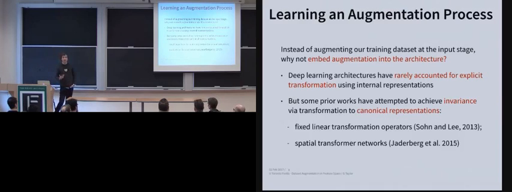It has been looked at a couple of times, most notably 2 years ago with spatial transformer networks from Google DeepMind, which looked at mapping inputs back to a canonical representation. So you want to build invariance into your model by considering a mapping in some feature space back to essentially a canonical example. Here we're doing something slightly different. Instead of trying to contract the space, we're looking at expanding the space inside the model.